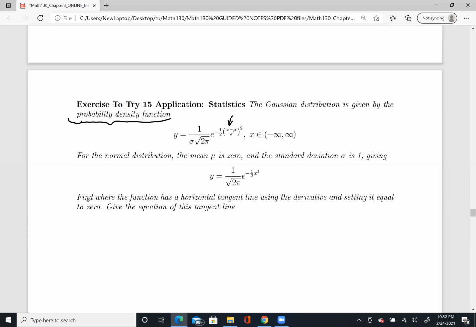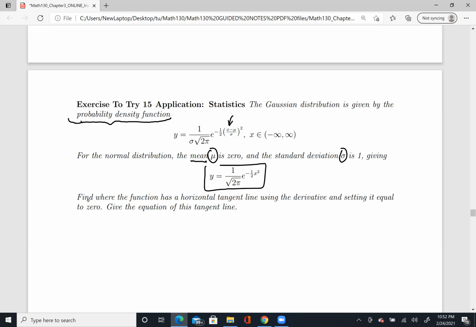So now I also have, for the normal distribution, the mean over here. If you did learn about statistics, the mean equals 0, and the standard deviation over here is 1, and it's giving you this probability density function.